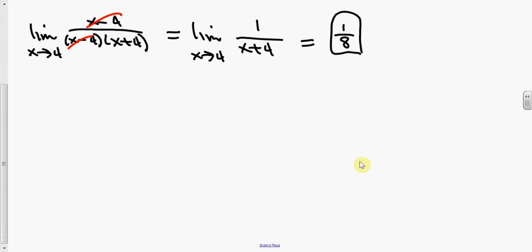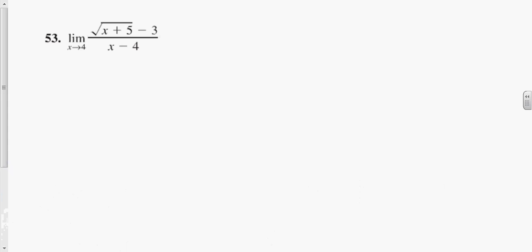Let's look at another one. Here, if we plug in x equal to 4 in this limit, we get the square root of 9, which is 3, minus 3, gives us 0. And then all over 4 minus 4 is 0. Again, another indeterminate form.